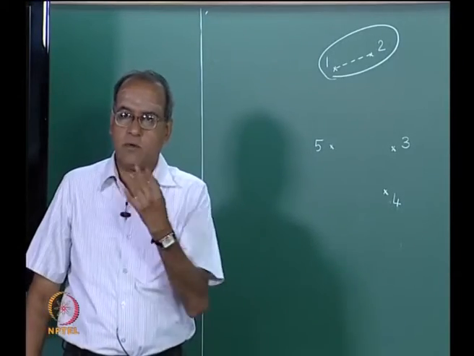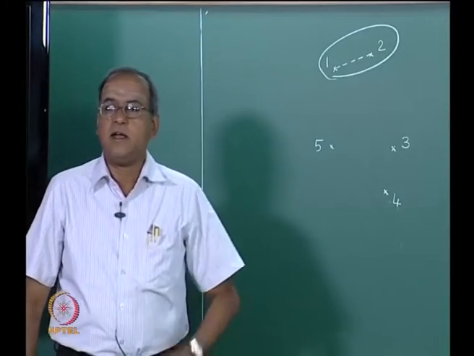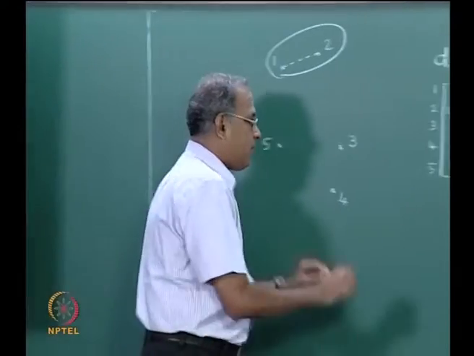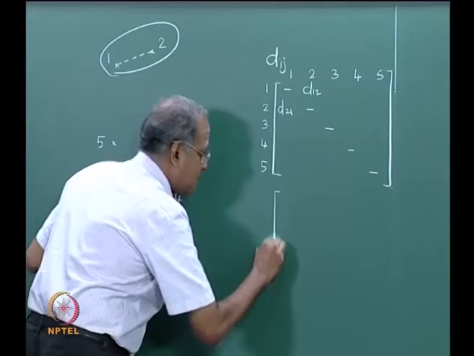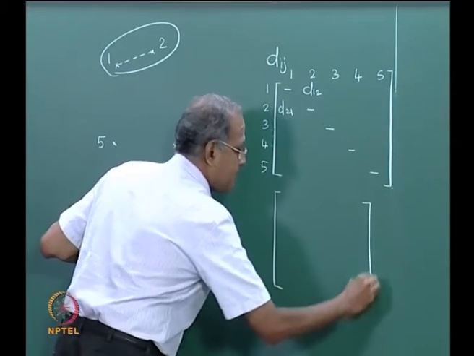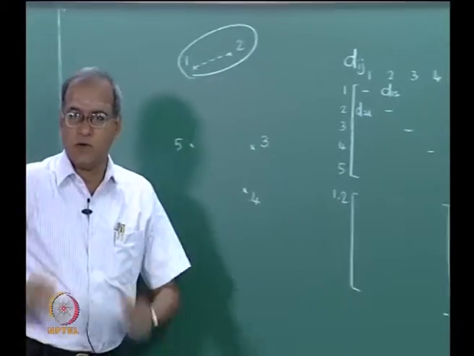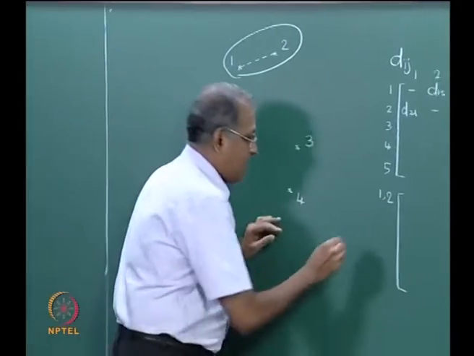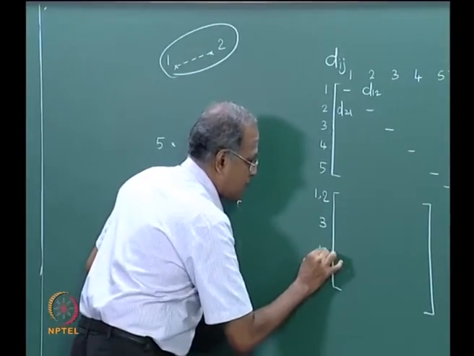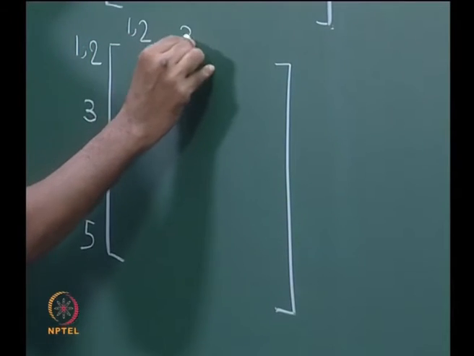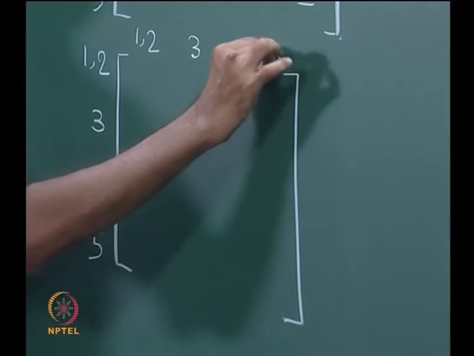So there are 4 groups and therefore we need a 4 by 4 distance matrix. So the 4 by 4 distance matrix will be like this: 1 and 2 is one group, 3 is another, 4 is another, 5 is another.